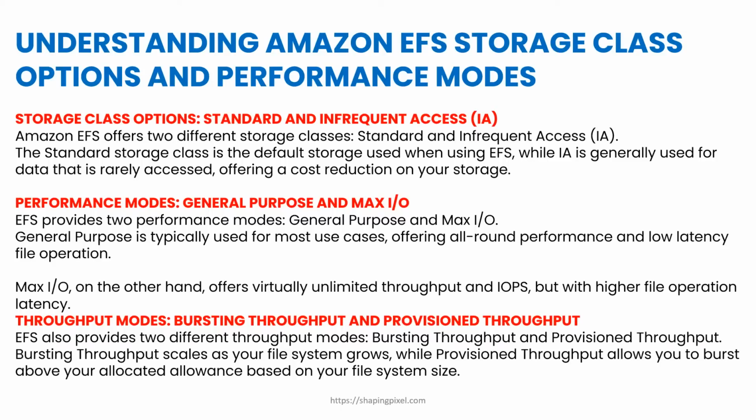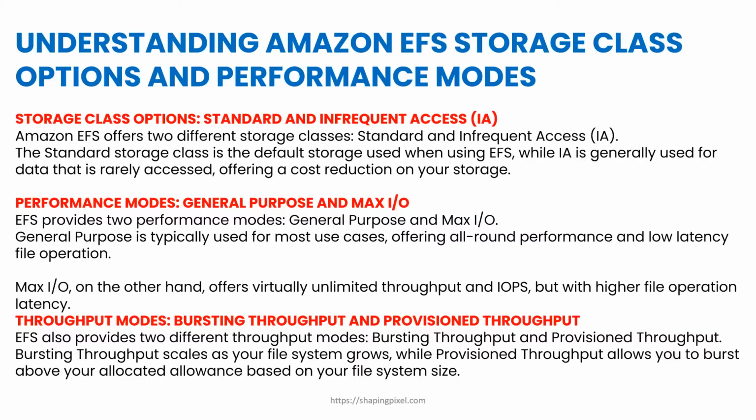So let's try to understand Amazon EFS storage class options and performance modes. Amazon EFS offers two different storage classes, standard and infrequent access. The standard storage class is the default storage used when using EFS, while IA is generally used for data that is rarely accessed, offering a cost reduction on your storage.